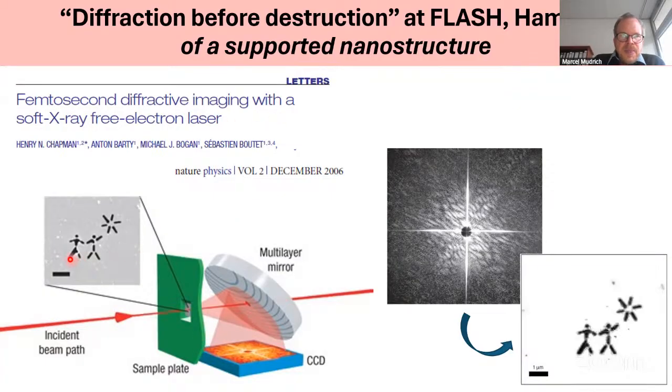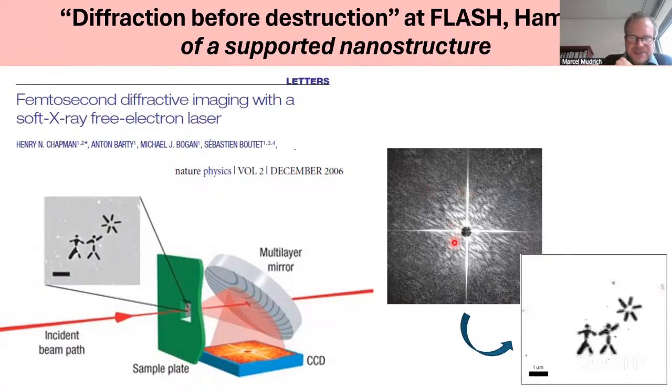So what they started doing to demonstrate the femtosecond diffractive imaging technique was to use a nano target, but not a free protein. It was a nano-fabricated thin metal target supported in a frame, and by shooting one femtosecond soft X-ray pulse onto this target and recording the diffraction image on a CCD camera, they recorded patterns like this.